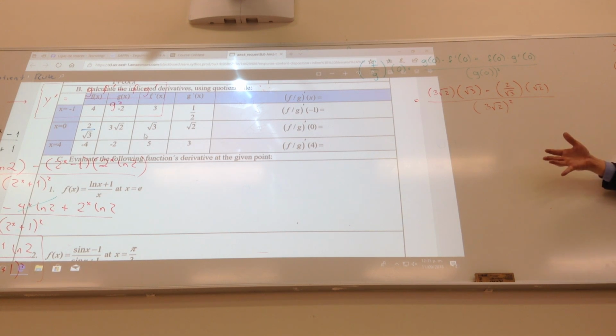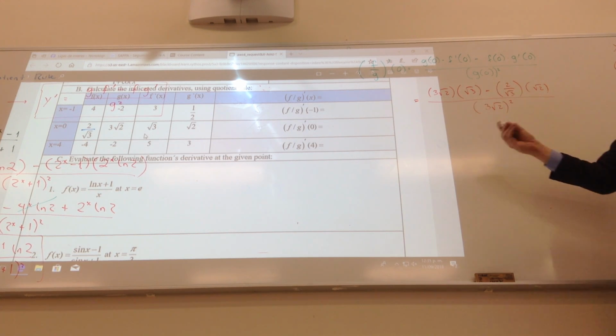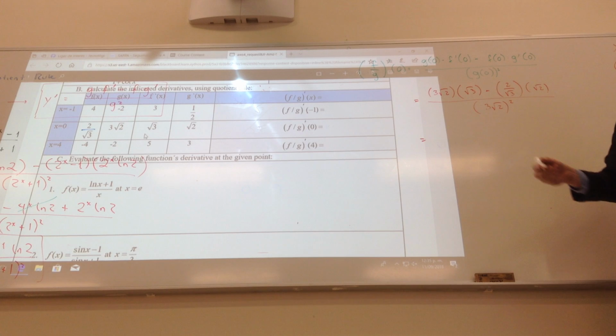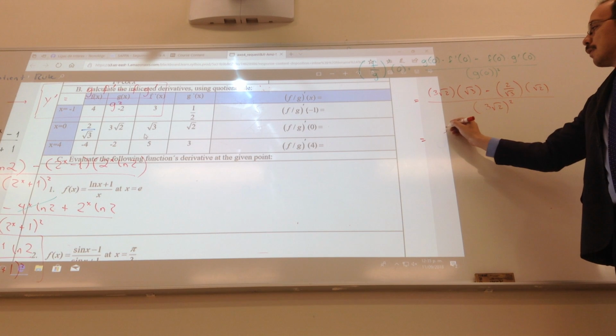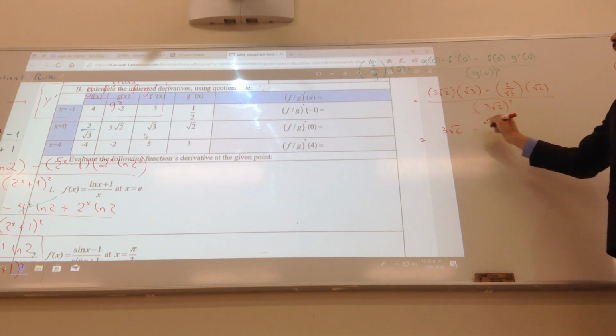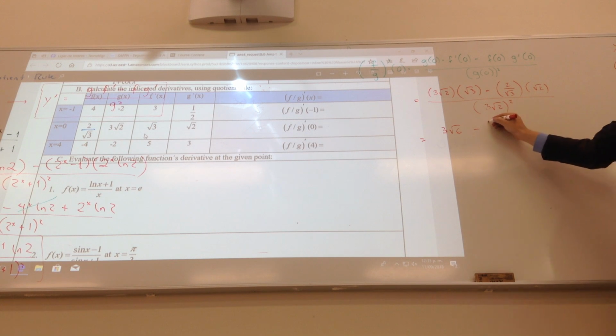Now, the arithmetic part, the easy part. Well, supposedly. So, what do I do? Multiply. 3 square root of 2 times square root of 3? Good. Minus 2 over square root of 3 times square root of 2?